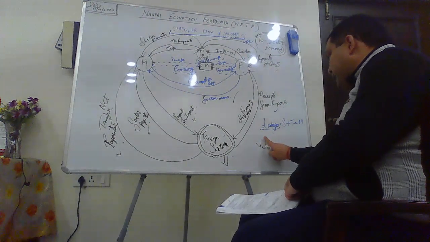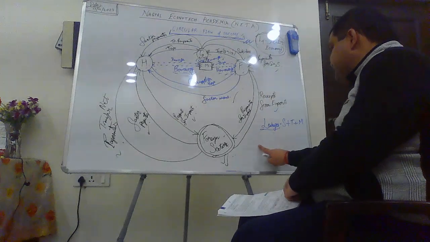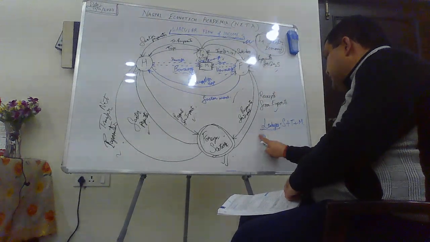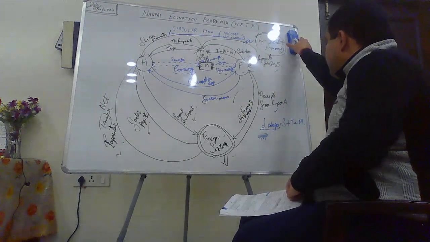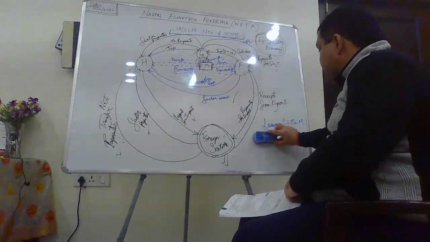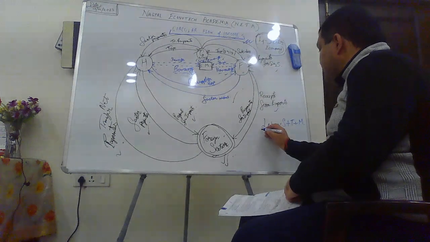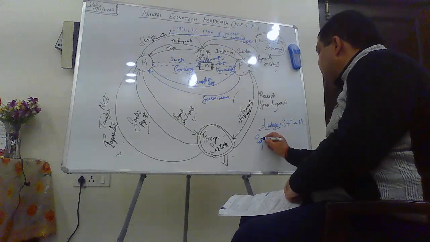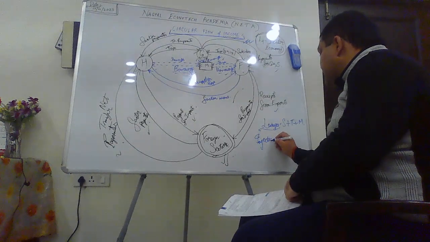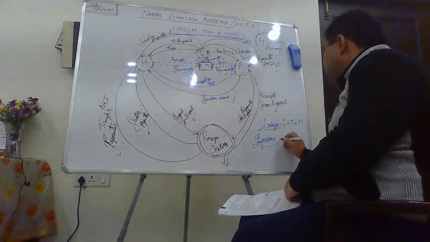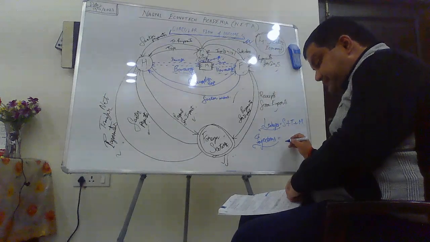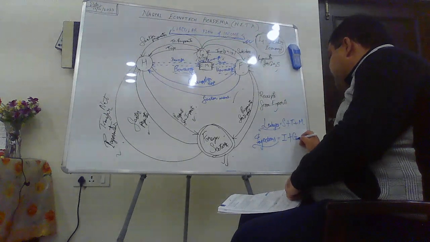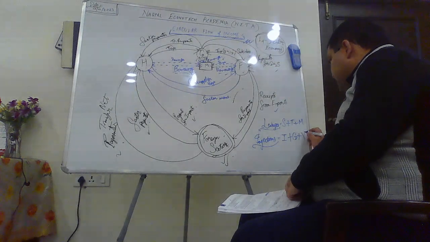So here I can write, for the four-sector economy model, injections equal investment plus government expenditure plus exports.